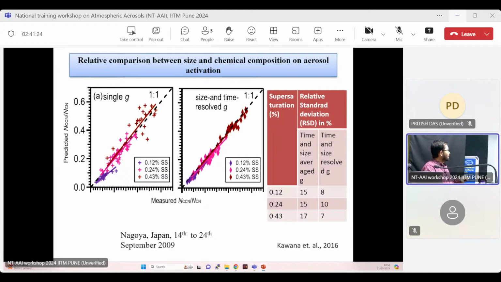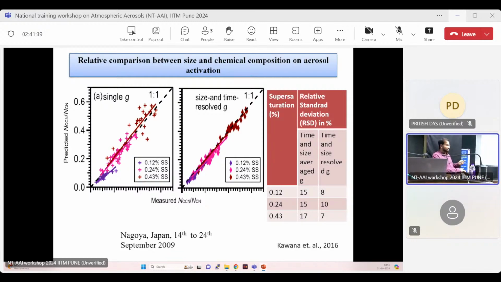What they found is that if you give more accurate information of growth factor or hygroscopicity, the relationship between the model predicted and the observed values tends to improve.